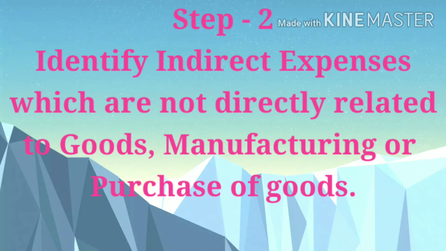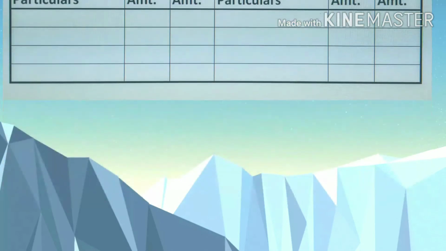Then step 2, identify indirect expenses, which are not related to direct expenses of goods or factory or manufacturing expenses, and transfer these balances to the profit and loss debit side.